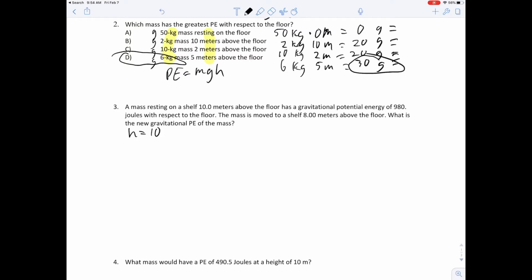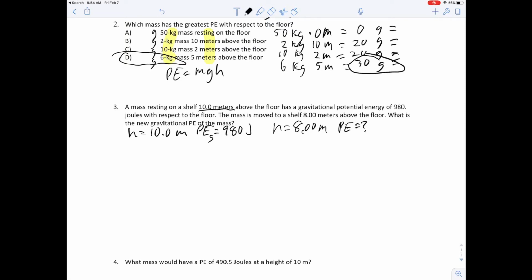Let's start with height is 10.0 meters, and at that height it has a potential energy of 980 joules. It is then moved down to a height of 8 meters, and we want to know the potential energy at that height.